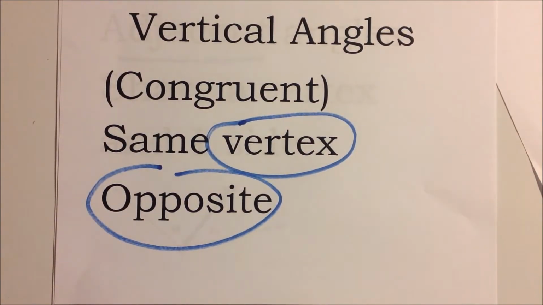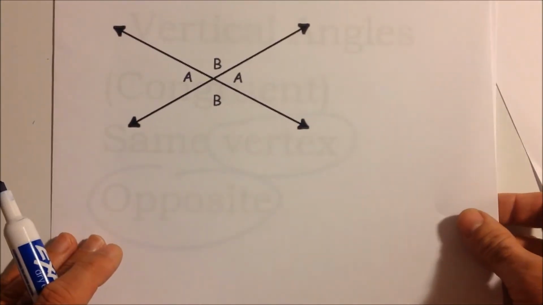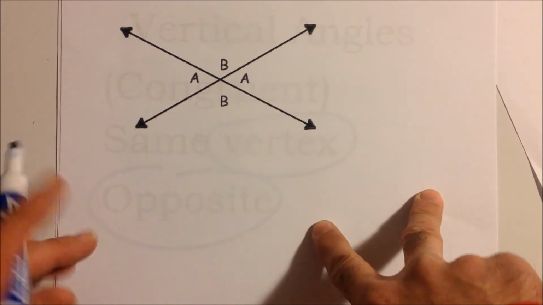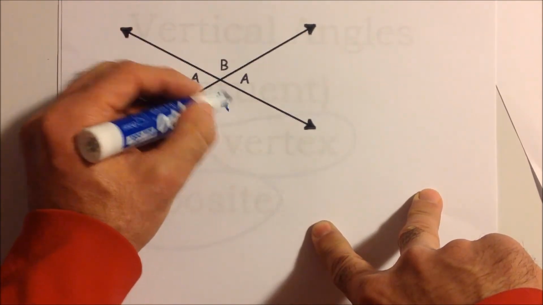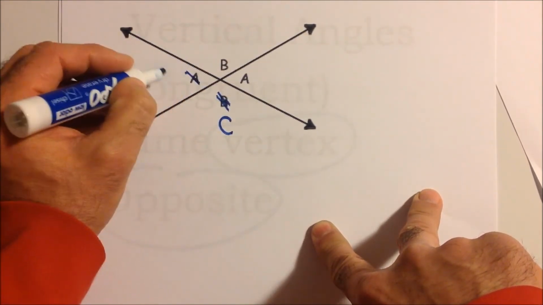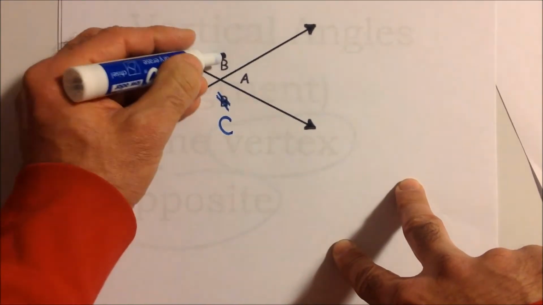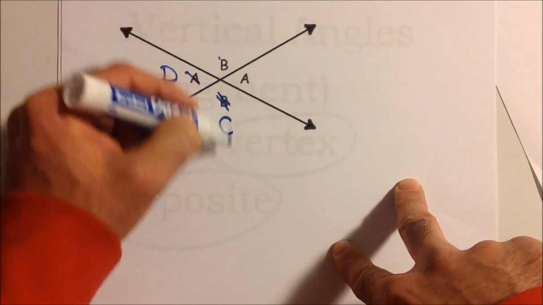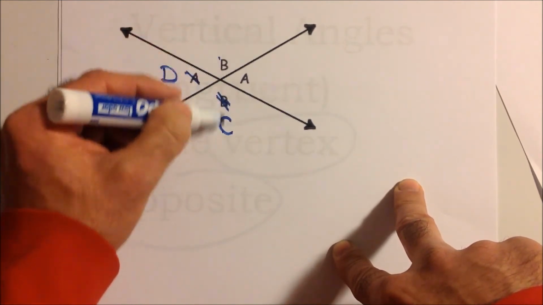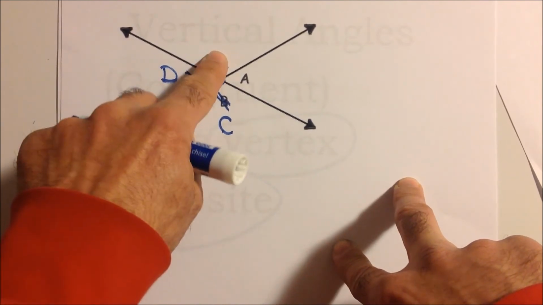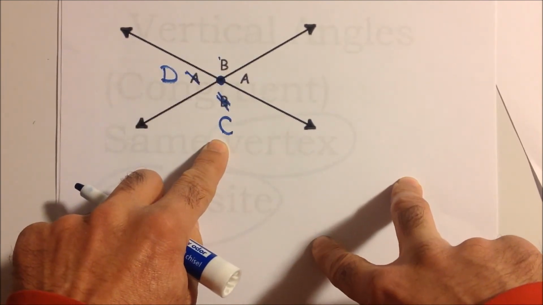So here's an example. Which angles are opposite each other, right? So let's say this was angle, let's make that a C and we'll make that a D. So angle B and angle C are opposite each other, and they share a vertex. So angle B and angle C are vertical angles.